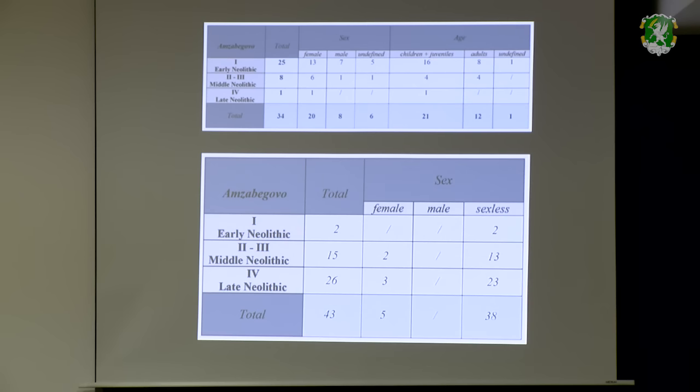Most of the figurines found in Amzabego are sexless, and most of the individuals buried in Amzabego are infants, which means children. According to a lot of ethnographic data, children are not considered as gendered or as belonging to one of the main genders in the community.